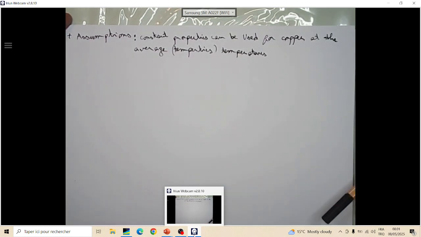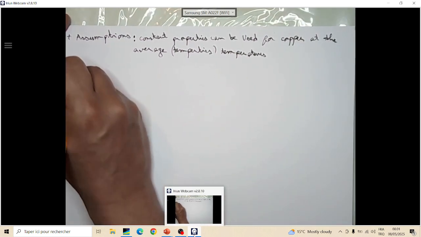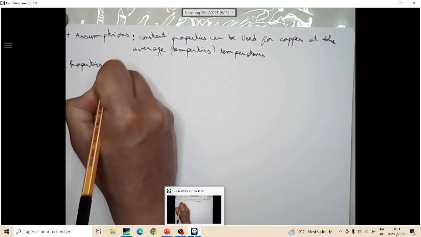So let's continue. Let's write the properties that we have. The properties that we have to use for the copper ball are these properties.